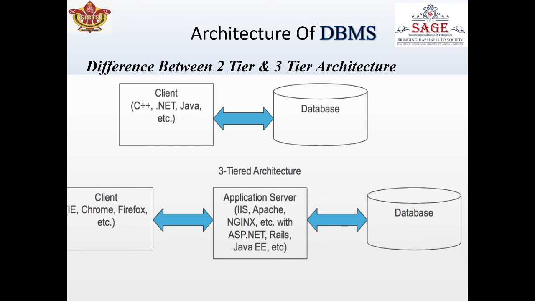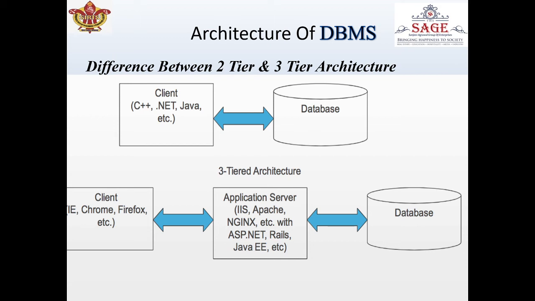If we talk about the two-tier database architecture, it is a client-server architecture, and in two-tier the application logic is either buried inside the user interface on the client or within the database on the server. Whereas in the three-tier database architecture, as we can see in this diagram, it is a web-based application, and the application logic or process resides in the middle tier. It is separated from the data and the user interface, right?